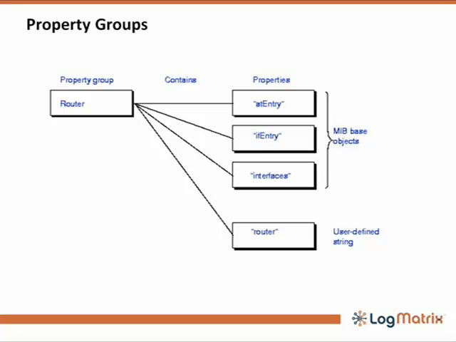If I'm going to poll node Cindy for system description, then the base object system needs to be in there. If I'm going to poll node Cindy for IF errors, then the IF entry base object must be in there. Any base object that I need to poll must be in the properties list.